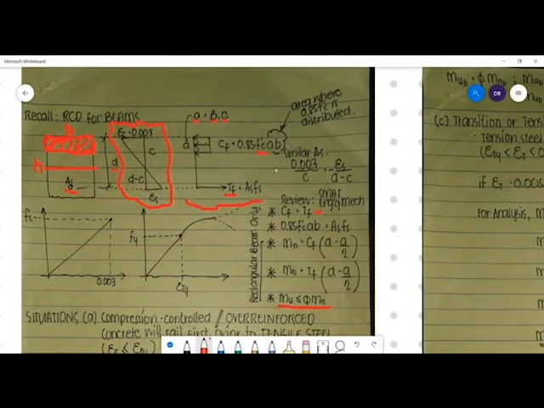Pero dun sa strain diagram naman, we are able to derive 0.003 over C, using similar triangles or ratio and proportion, is equal to strain S over D minus C. So mamaya, it depends on the condition what should be the value of your strain S. Kasi yun ang magiging deciding factor natin, depending kung what happened to the beam when subjected to bending moment.